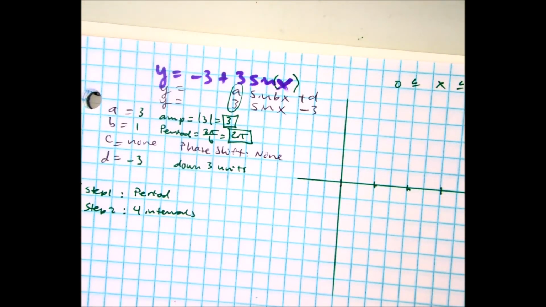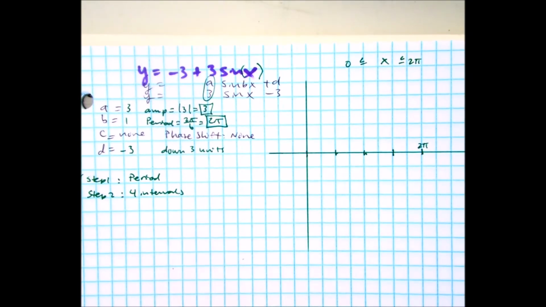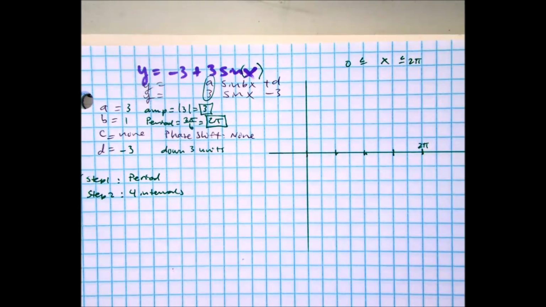Talk to your partner, 5 seconds. Am I starting on the y-axis on this problem? Why or why not? How do you know that? Yes, there is no C. Esther, do you know if we're going to start on the y-axis?